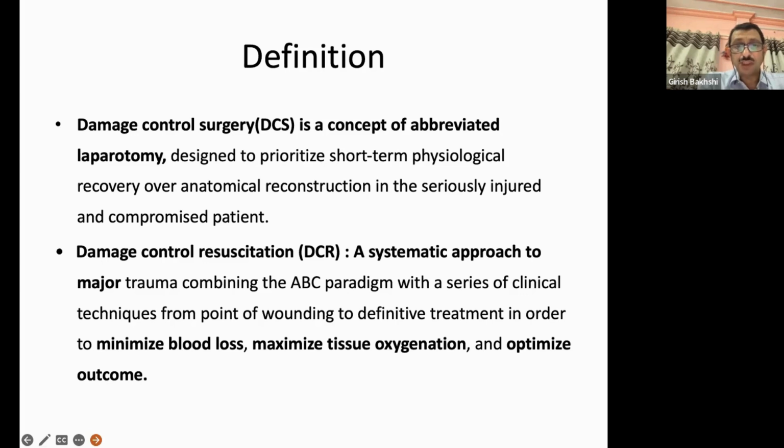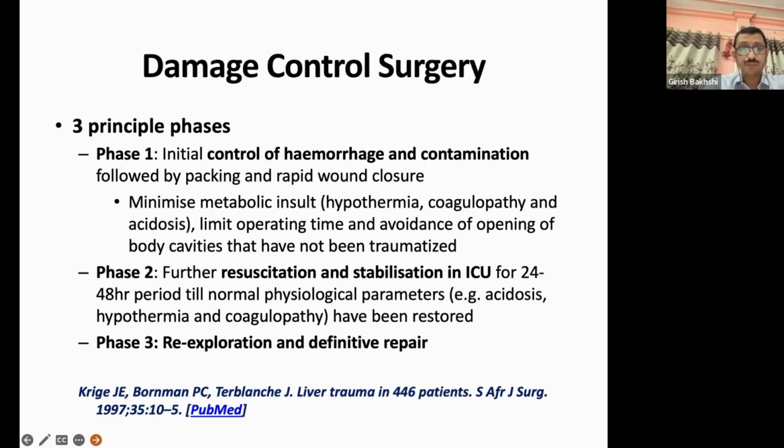The basic purpose is to minimize blood loss, maximize tissue oxygenation, and optimize outcome.